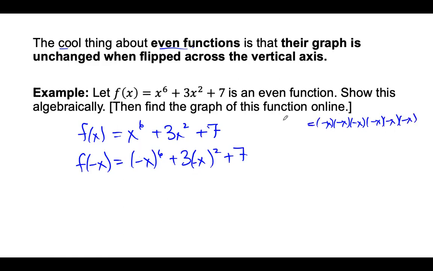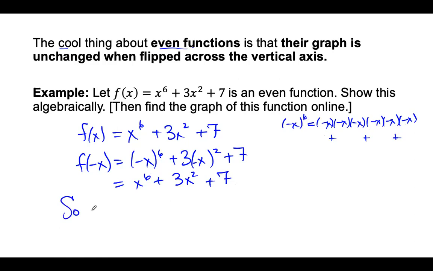It's the same as negative x to the power 6. You see, negative, negative makes a positive, negative, negative makes a positive, and negative, negative makes a positive. So this is going to be positive, so 6 to the power, x to the power 6. And we see negative and negative, that's going to be positive, plus 7.